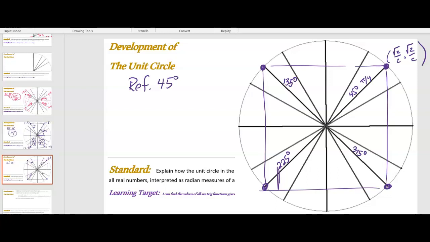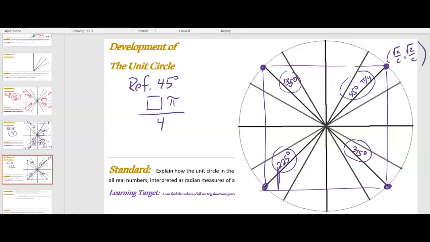So these three angles have a reference of 45 degrees, and then, like the other pattern, they will always be something pi over 4 in reduced form.